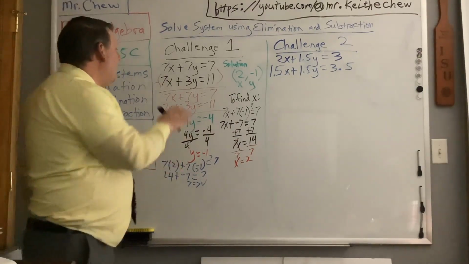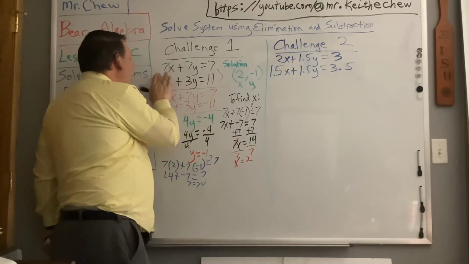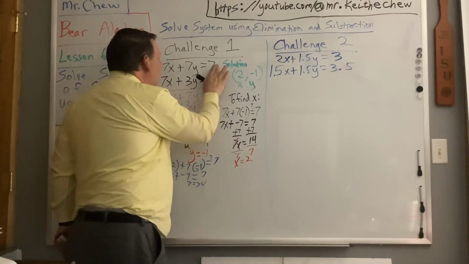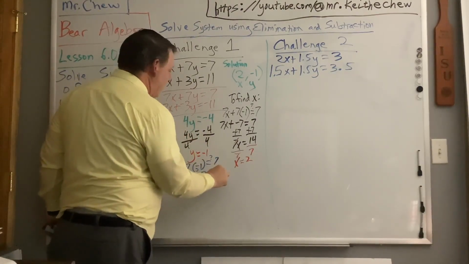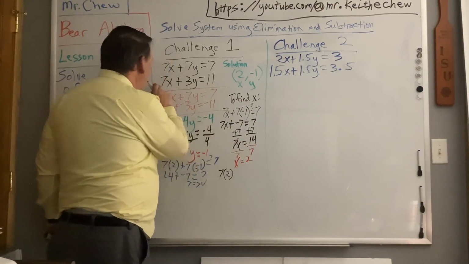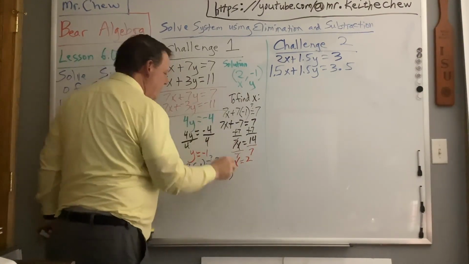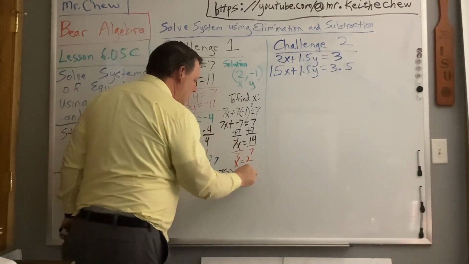Now I'm going to take my second equation. I'm going to put a 2 in here, a negative 1 in here, and I get rid of this part because it's just my original equation. So I'll rewrite it over here. 7 times 2 plus 3 times negative 1.